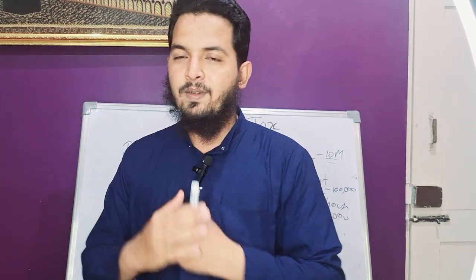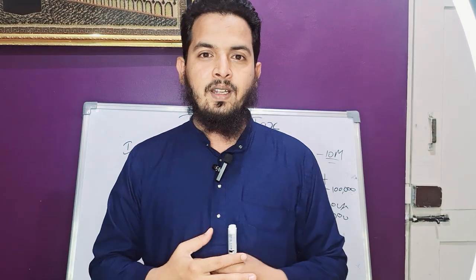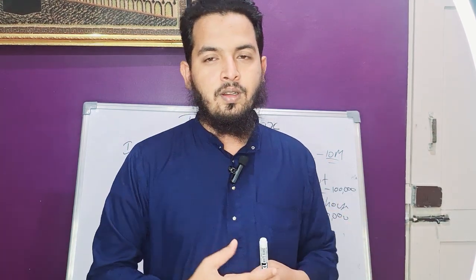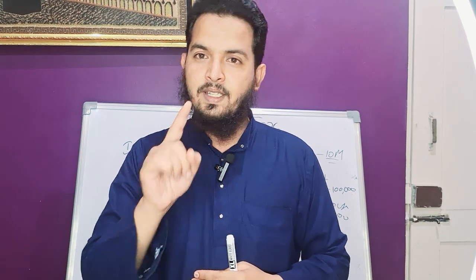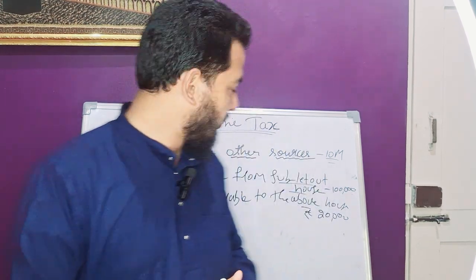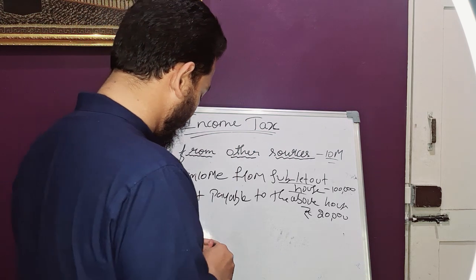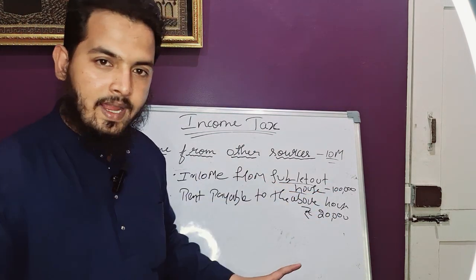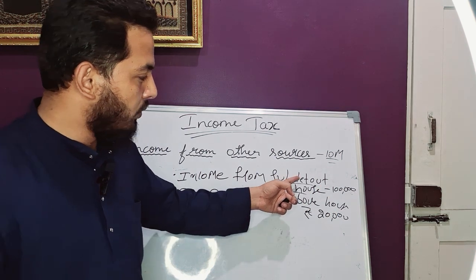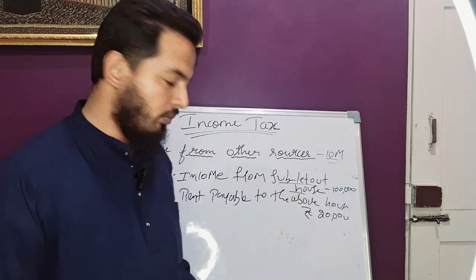How much am I receiving from the students? 2 lakh. How much do I have to give to the owner? 1 lakh. 2 lakh minus 1 lakh, balance is 1 lakh. This 1 lakh is taxable. So in the question, income from sublet out house, they have given 1 lakh. I have given the house to someone else and I am earning 1 lakh rupees.